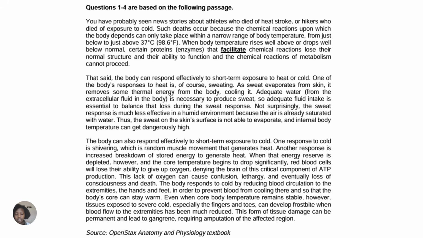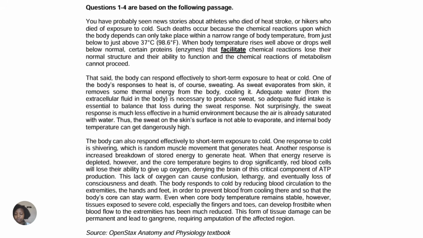So adequate fluid intake is essential to balance that loss during the sweat response. Not surprisingly, the sweat response is much less effective in a humid environment because the air is already saturated with water. Thus, the sweat on the skin's surface is not able to evaporate, and internal body temperature can get dangerously high.